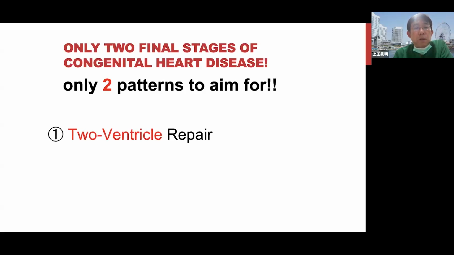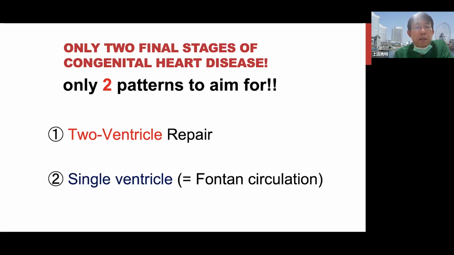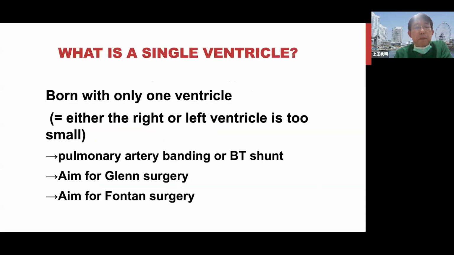One is 2 ventricle repair, such as the PDA closure, maybe the VSD repair, maybe the correction of TGA, maybe the correction of tetralogy of Fallot. But the other side is to go for the single ventricle, which means that the patient could not receive the 2 ventricle circulation, and should survive only with the Fontan circulation.